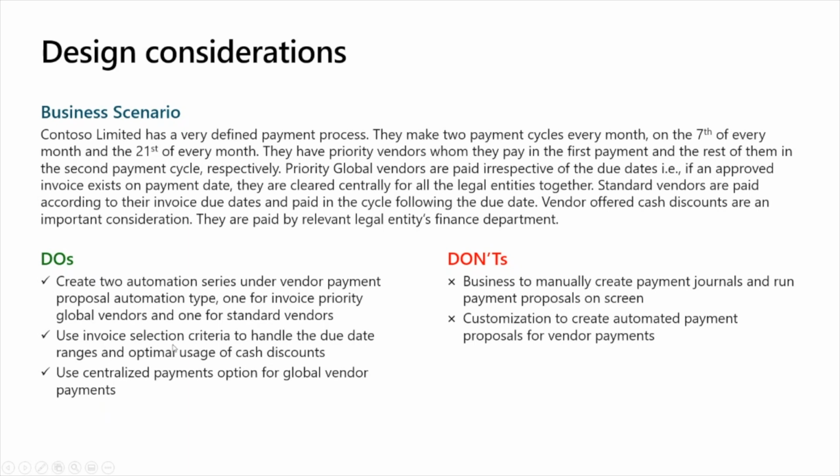You would use the invoice selection criteria to handle the due dates and the discounts and the optimal use of cash discounts. And you would use the centralized payment option available for the global vendors, right? What you should not be doing anymore, or the best practice would not be, is to push for manual creation of payment journals, just to avoid any human errors and to automate all those tedious tasks, right?